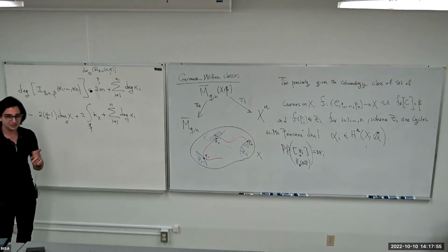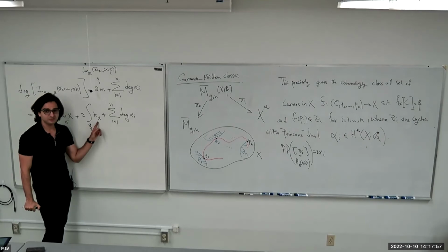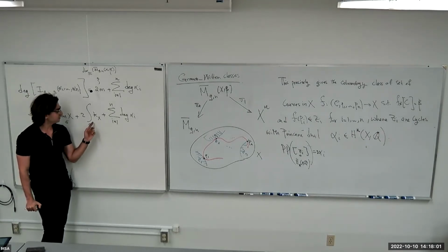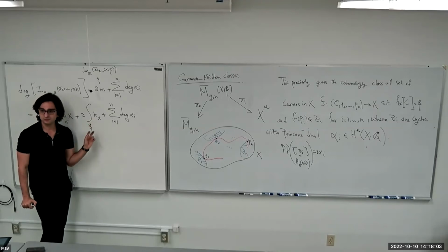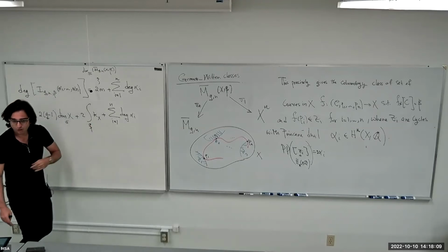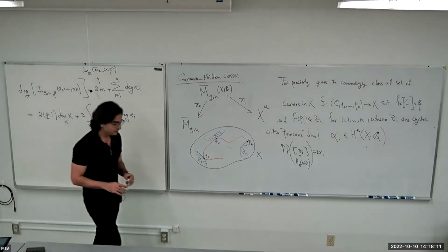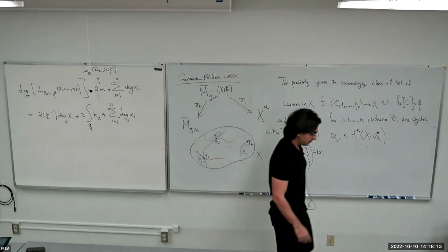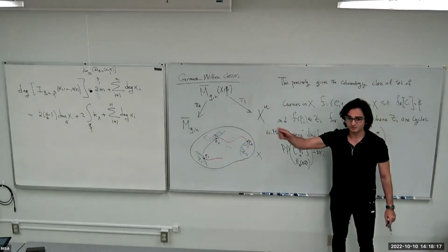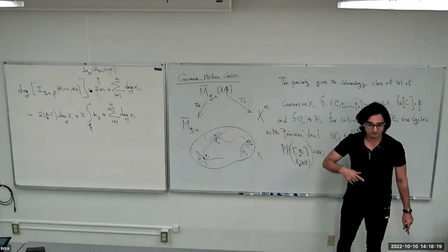If X is Calabi-Yau, remember, the canonical bundle of X is a line bundle. It makes sense to ask, what's this? This is the degree of this line bundle over a curve with homology class beta. It's the definition of the degree of a line bundle along a curve. Meaning, if you look at a section of this line bundle, how many points does it meet that curve?